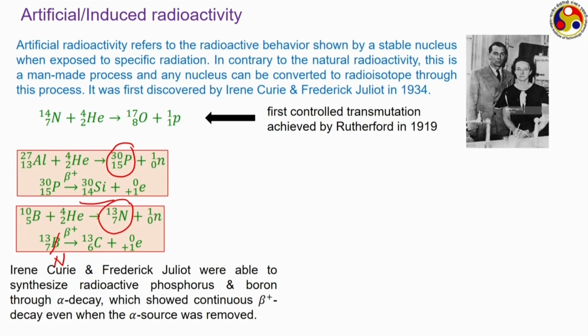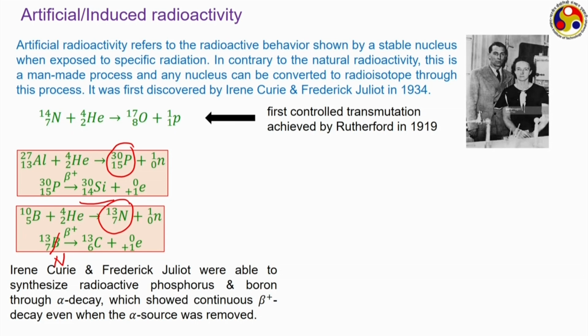That means they kept on showing the radioactive behavior. That means Irene Curie and Frederick Joliot were able to form two new radioactive isotopes, which are phosphorus 30 and nitrogen 13, and that is what was termed as the artificial radioactivity.